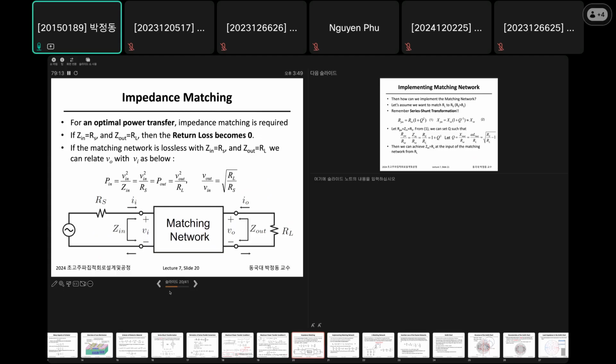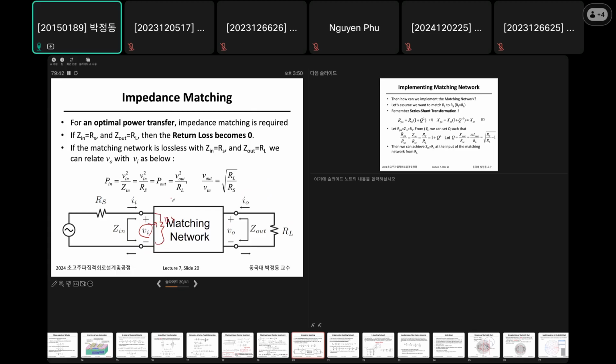Okay, and also we assume that the matching network itself has no loss. If the matching network loss is 0 with this perfect match condition, you can easily relate input power equal to output power. So what is the input power? This is a Vin, and you have RS as a load.